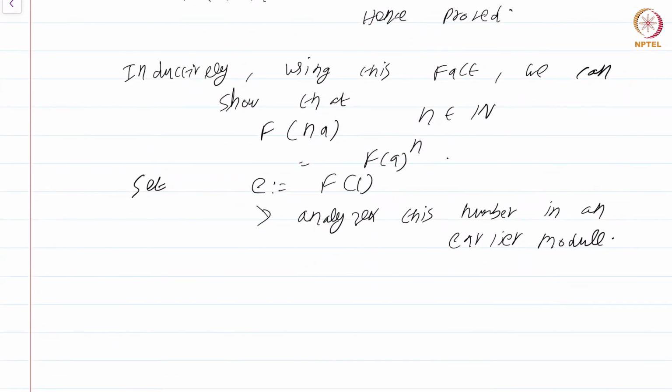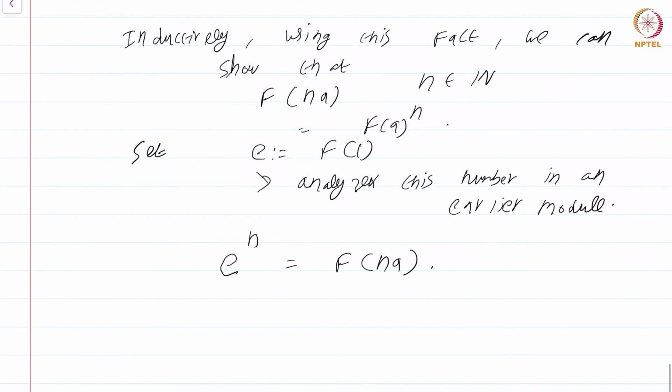So what our theory so far says is that e power n is nothing but f of n times a. Excellent. We also know that f of minus n a is e power minus n. This also follows from the fact that f of minus x is just f of x inverse.